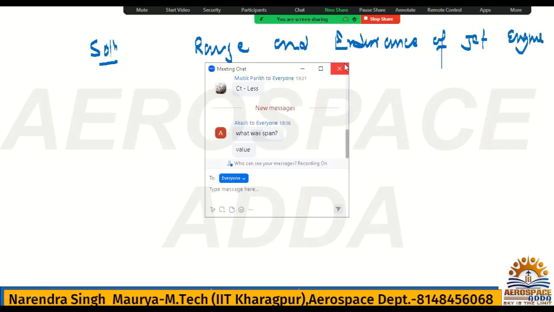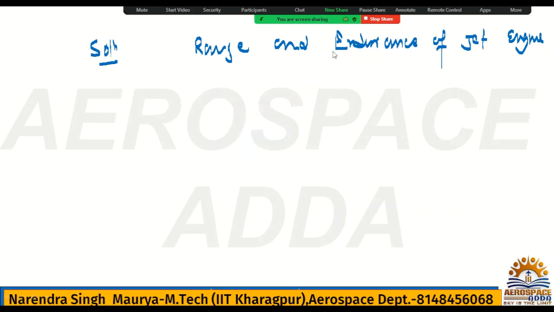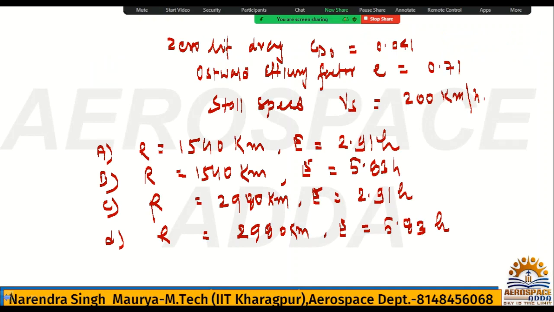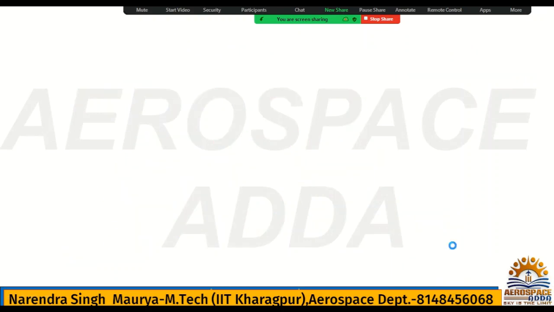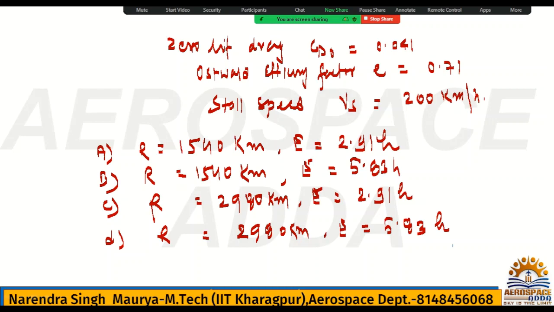What was the value of span? Check. Span b is 63.3 meter. So range and endurance for the jet engine you have to check. What is the formula? Just now you have derived it here. Write down all the data.